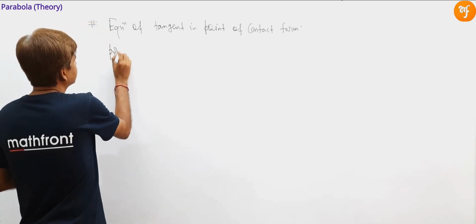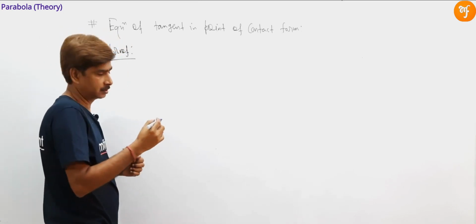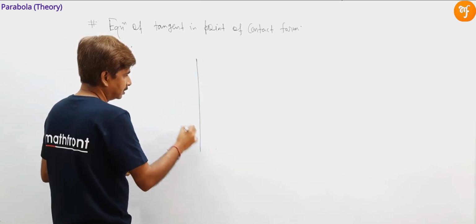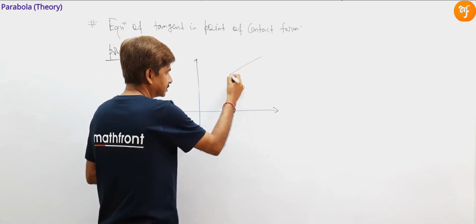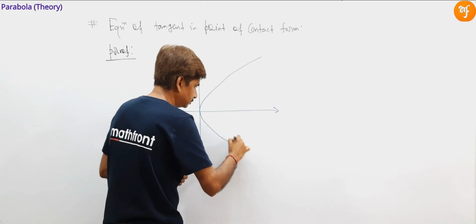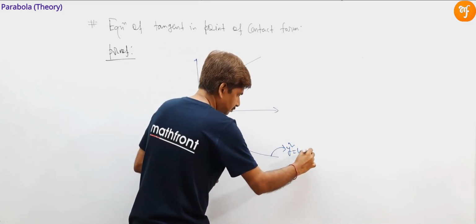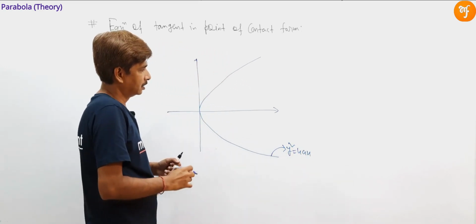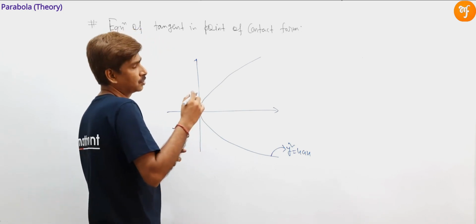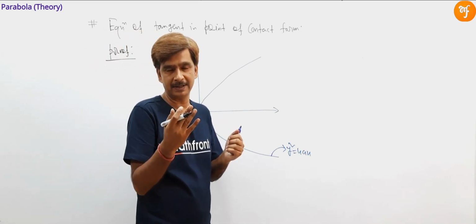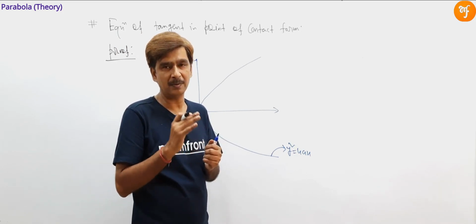So look, how to prove the equation of tangent in point of contact form in another way, basically theoretically. So the proof is, we draw the curve, that is y square is equal to 4x. In the previous discussion, we discussed that if the slope of the tangent is m, then the point of contact of tangent will be what? a by m square, comma 2a by m.